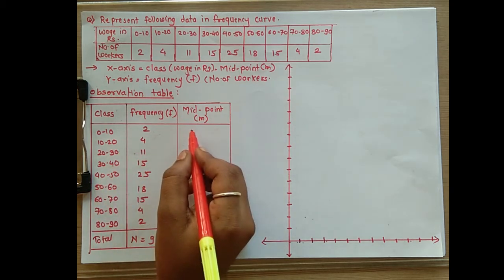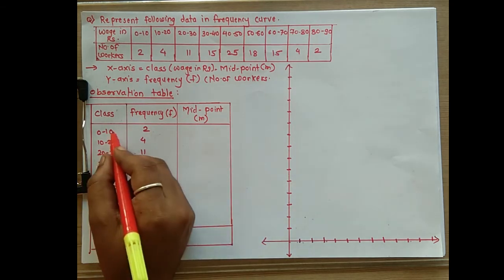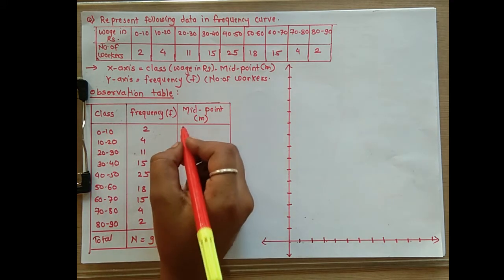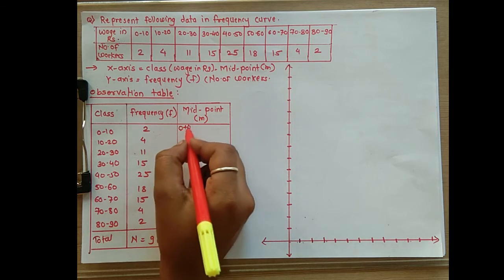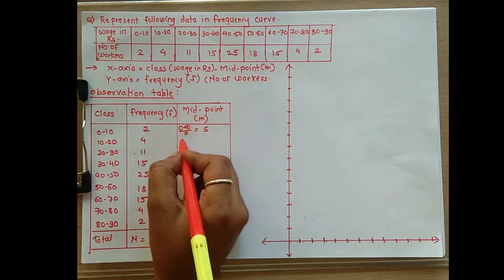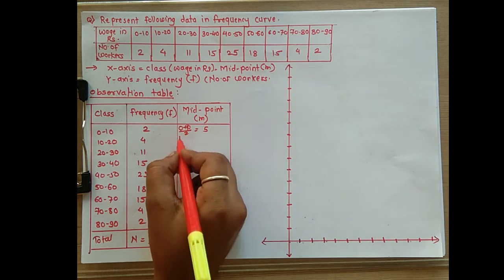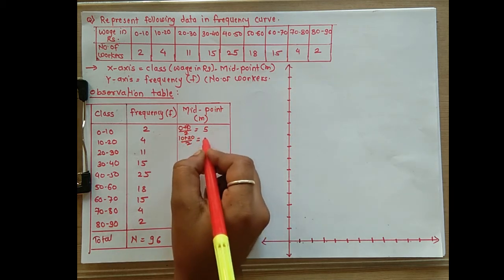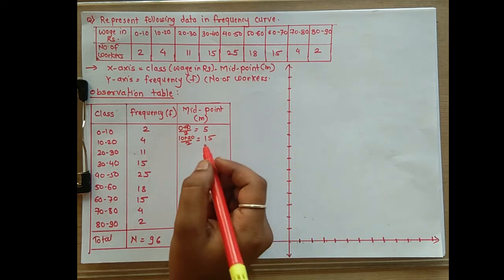The formula for midpoint is lower limit plus upper limit divided by 2. Here we calculate 0 plus 10 divided by 2 which is 5. Next class is 10 to 20: 10 plus 20 divided by 2, which is 30 divided by 2, which is 15.